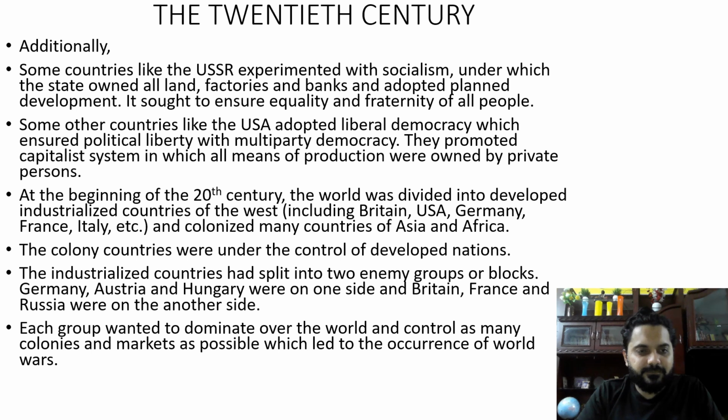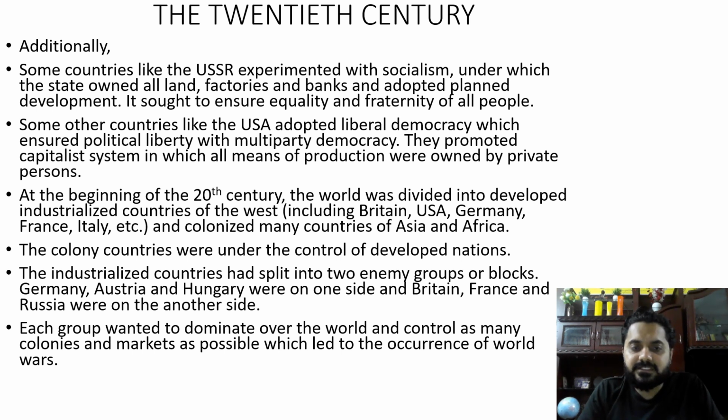Here you can see at the beginning of the 20th century, the world was divided into developed industrialized countries of the West, including Britain, USA, Germany, France, Italy, etc., and colonized many countries of Asia and Africa. The colony countries were under the control of developed nations.